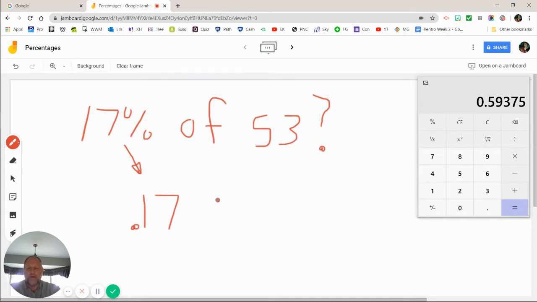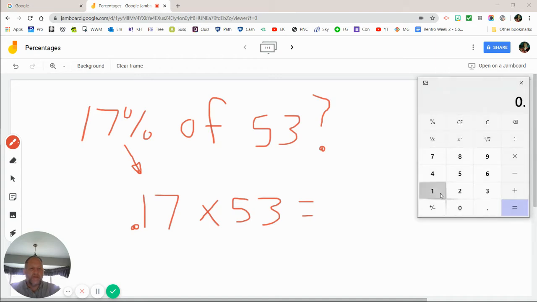That's step number 1. Step number 2 is multiply. So what is 17% of 53? 9.01. Not 9.01%, 9.01 is the answer.